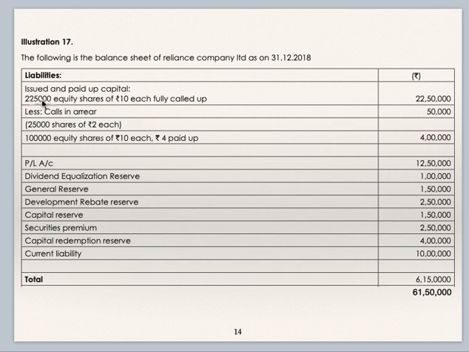So there are two types of equity shares. 2,25,000 equity shares of 10 each they have fully called, and 1 lakh equity shares of 10 of which only 4 they have called. Then profit and loss account, dividend equalization reserve, general reserve, development rebate reserve, capital reserve, securities premium, capital redemption reserve, current liability, and total is 61,50,000.